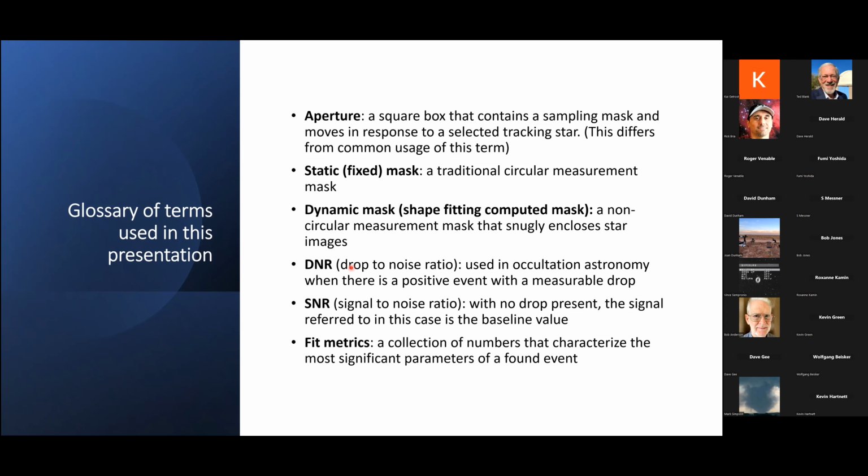Signal to noise ratio and drop to noise ratio are the same thing, but it's a little more specific to call it drop to noise ratio. And fit metrics is going to be a critical part of this discussion.